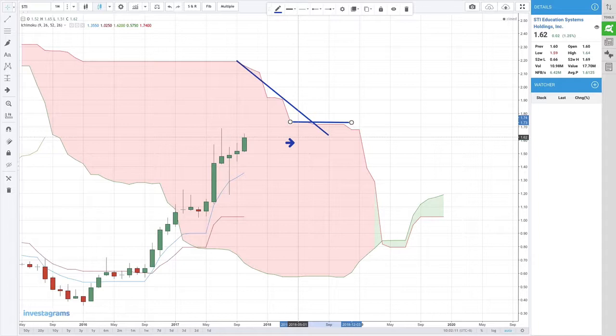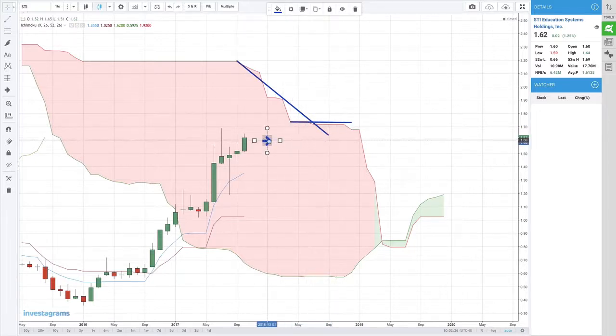So at this point, May 2018, if this is still stuck inside the cloud or the Kumo by next year, your resistance is now 174. The resistance lowers as time moves along because there are fewer sellers at higher levels. Perhaps the sellers would be lowering their ask prices just to get out of the security because they've been waiting too long.